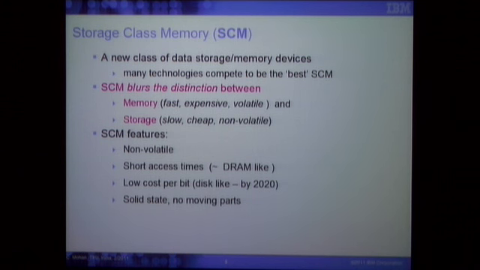They fall somewhere in between, and there's a lot of hope riding on these things solving some of the major problems that people have had with Flash, and there have been lots of presentations, and there'll be more today relating to what's wrong with Flash and various approaches to fixing those. It's believed that the price of SCM would be more like disk by 2020 and so on. There's a lot of hype, in some cases reality, relating to these things.